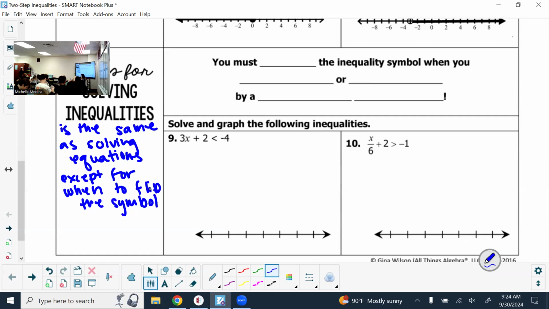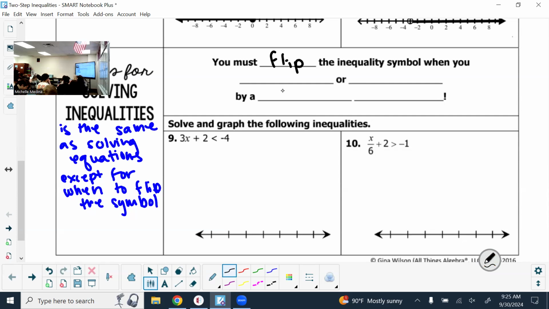Otherwise, you still do operations on both sides of the symbol, whatever needs to be done to undo something. You just now have to pay attention when you do something on both sides because sometimes you need to flip the symbol. And that's what we're going to write over here when you need to do that.